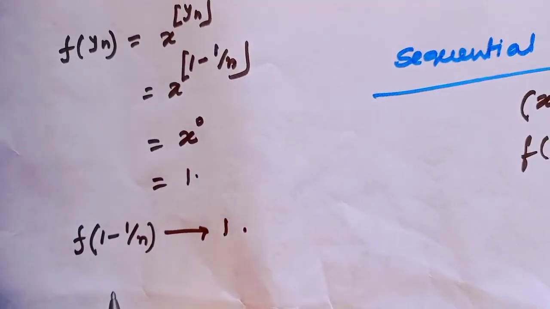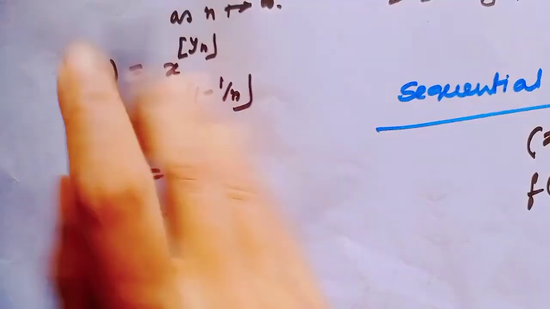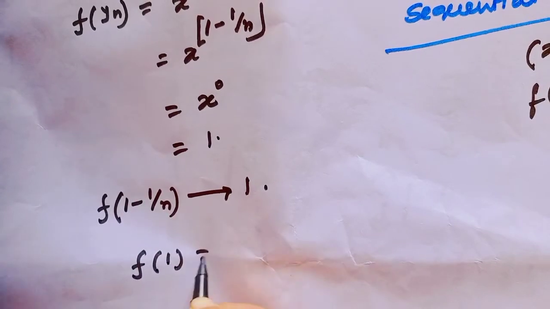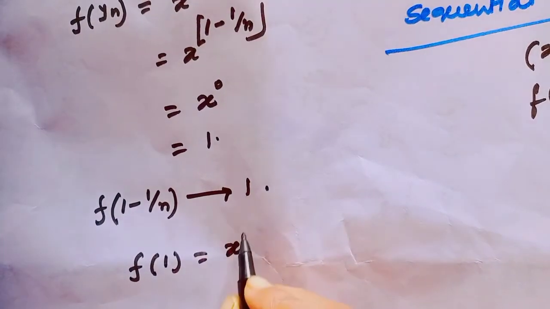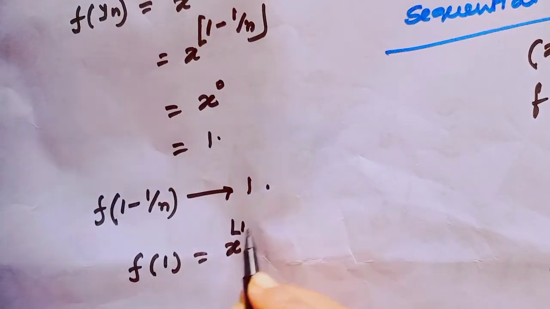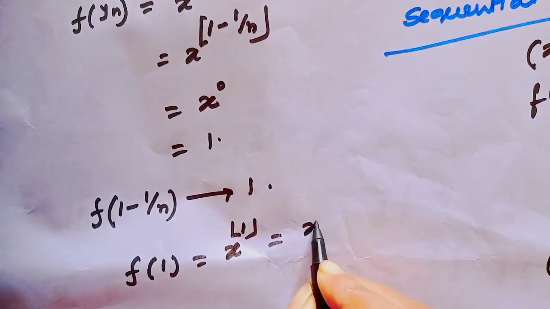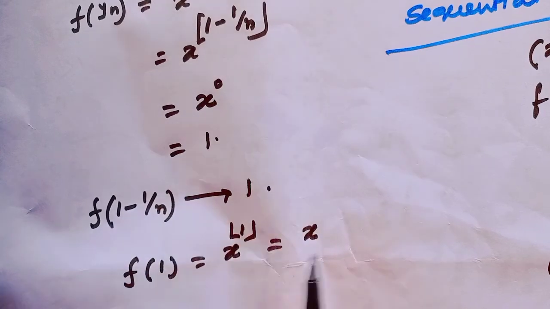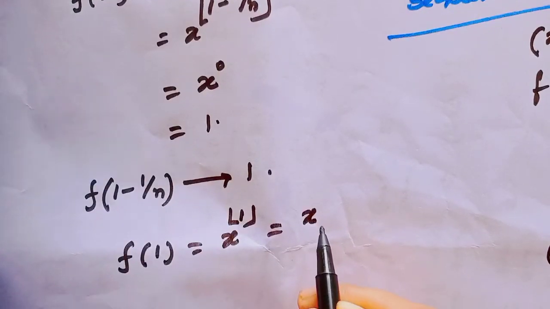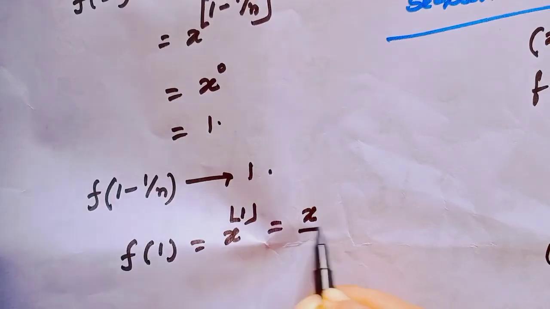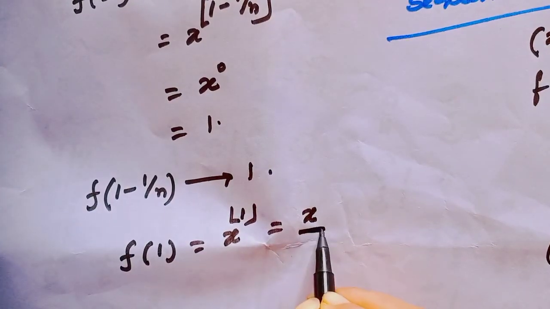But notice, since here at the point 1, f of 1 equals x to the power box of 1, which is always 1, so this value equals x. So here continuity depends on the point x.